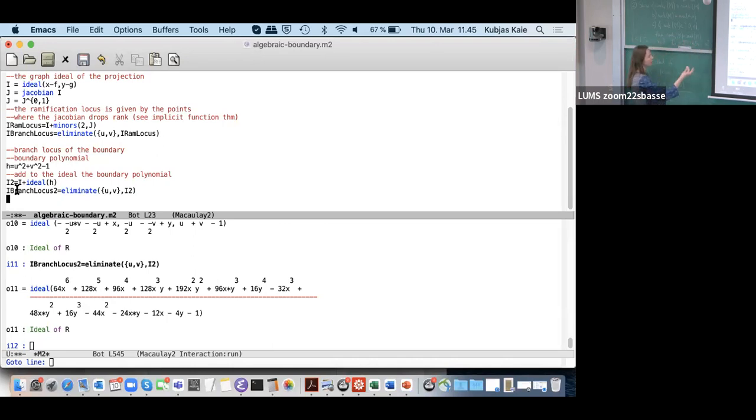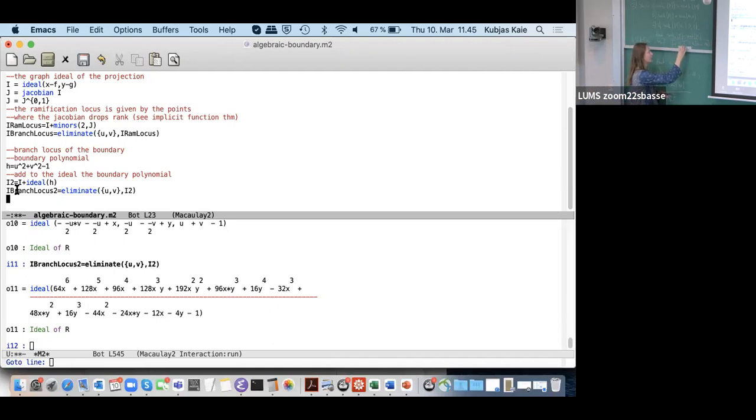So it can be empty, but it's always defined, right? It shouldn't be empty if something actually maps to something that gives a boundary. And so this is what's called the elimination ideal. And then the fundamental theorem in elimination theory is that you can actually compute it.